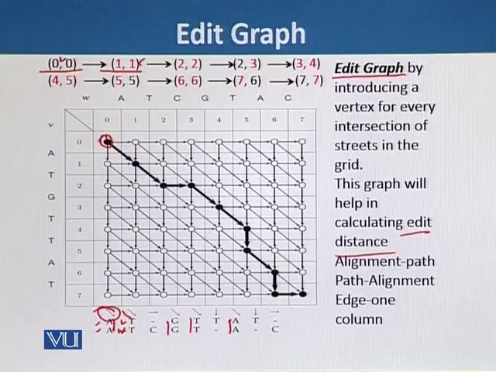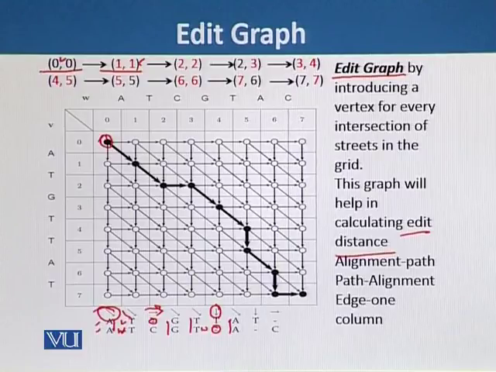Whenever there is a missing alphabet in the V string, we use the arrow in the east direction, and whenever there is a missing alphabet in the W string, we will use the arrow in the south direction. By considering these arrows, we will fill in this graph and we will get the path.